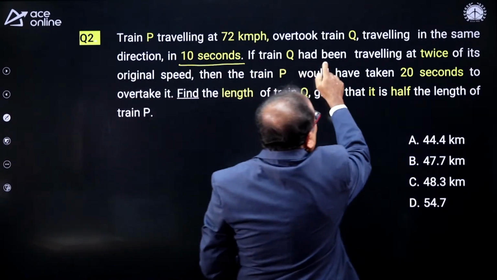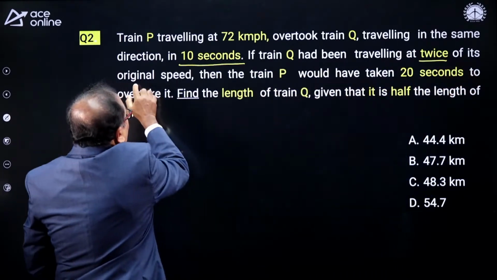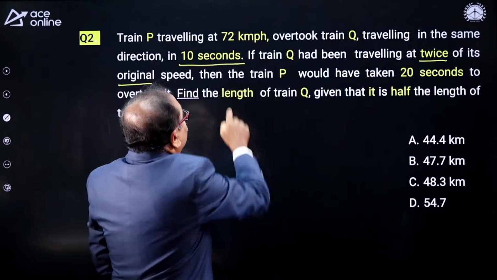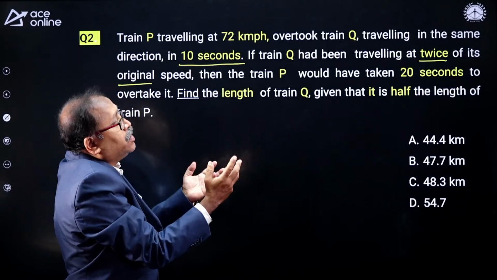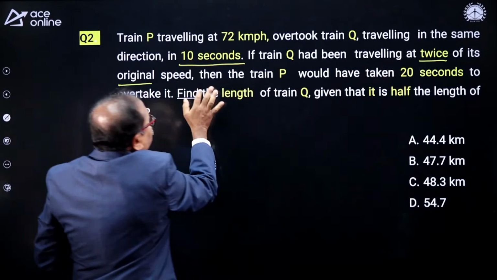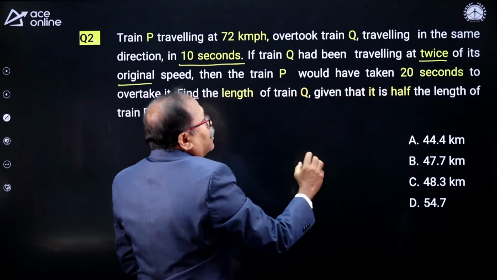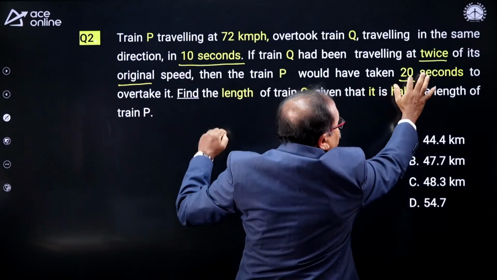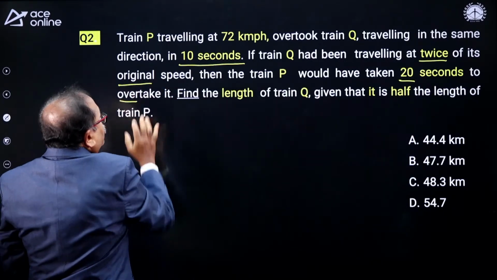If train Q had been traveling at twice its original speed, I don't know the original speed of train Q, this is the speed of train P, then train P would have taken how much time? 20 seconds. Instead of 10 seconds, it would have taken 20 seconds to overtake.